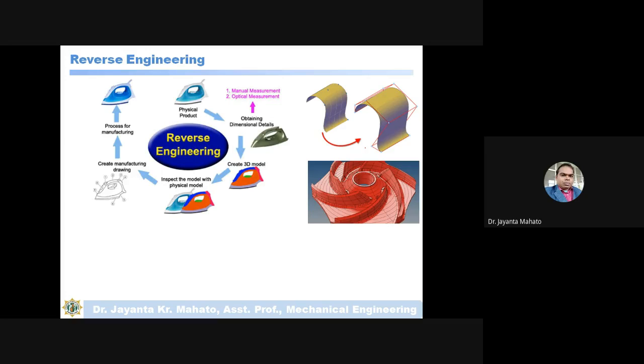So, as an example, to construct three-dimensional data of an iron, this is the actual physical product.